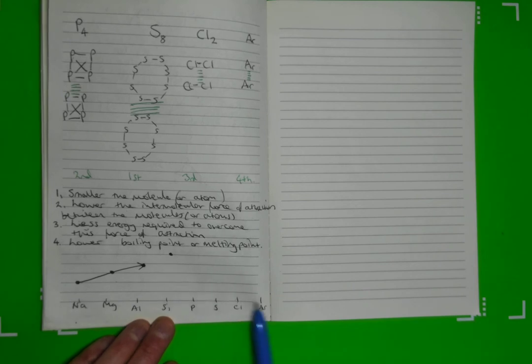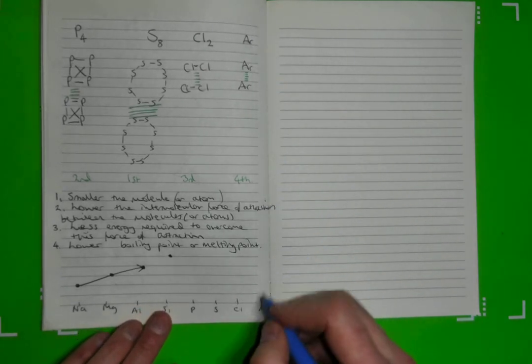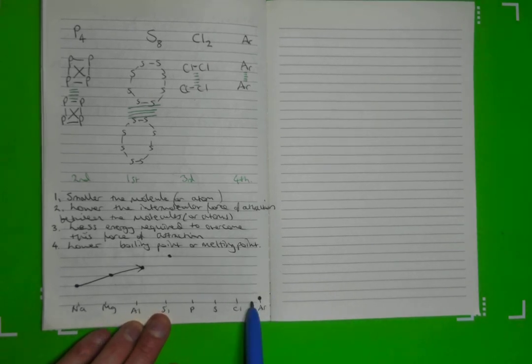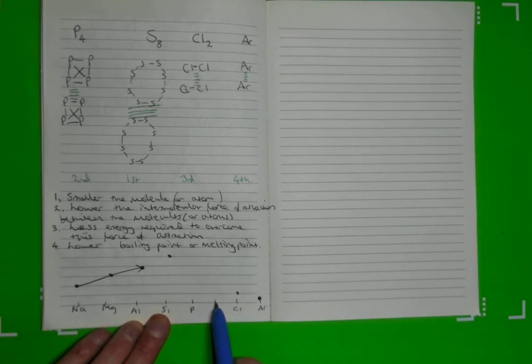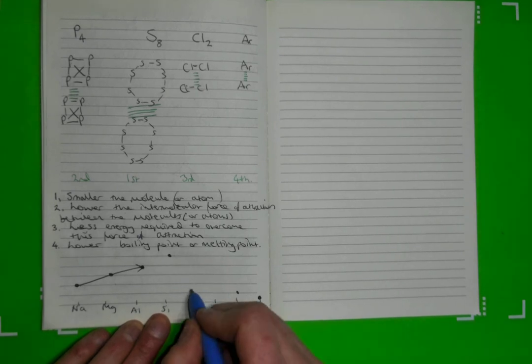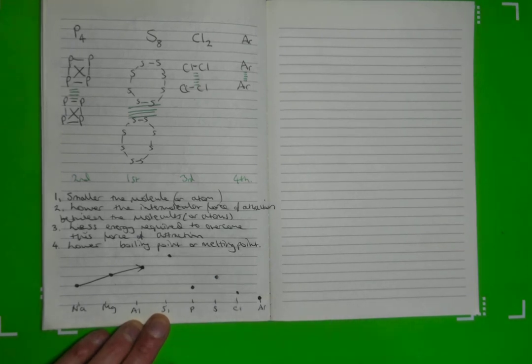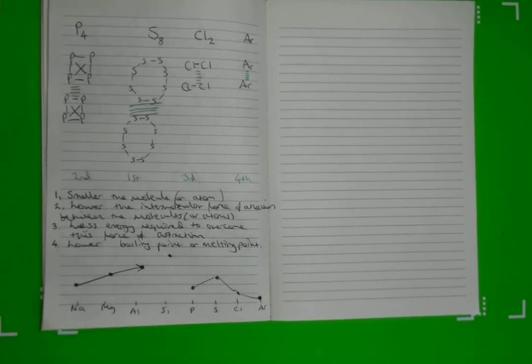Then let's make sure we get these the right way around. So argon has got the lowest. Let's put this one right down there. Chlorine is a tiny bit higher than argon. Then it's not sulfur, it's phosphorus. And then it's sulfur. So this trend is like that. Okay.